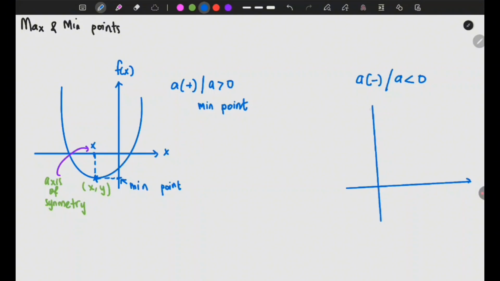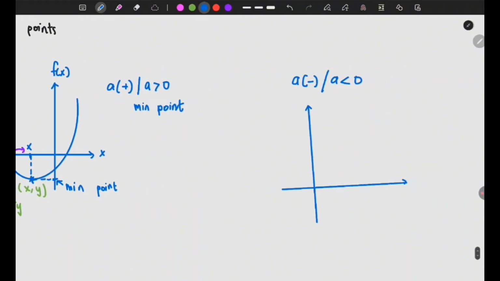Maybe something like this, x, f(x). So the possible graphs for quadratic are only these two. One is a positive, one is a negative. a cannot be 0. If a is equal to 0, then there's no quadratic curve. It will just be a straight line.